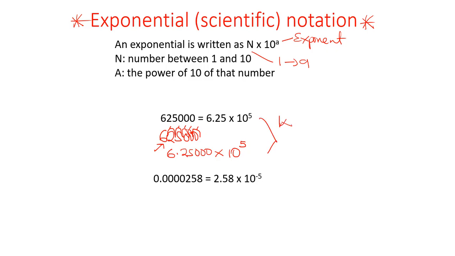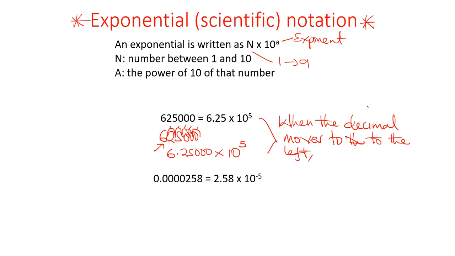So when the decimal point moves to the left, we have a positive exponent.